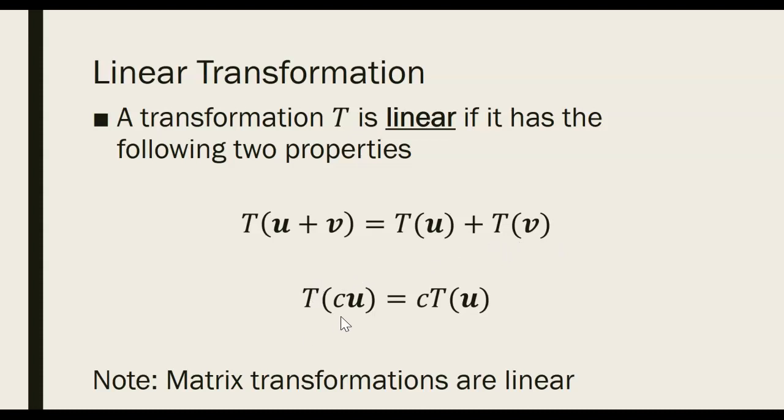And it preserves scalar multiplication. So scalar multiplication of a vector before the transformation hits is the same as scalar multiplication of a vector after the transformation hits. And it's pretty obvious that all of the matrix transformations are linear.